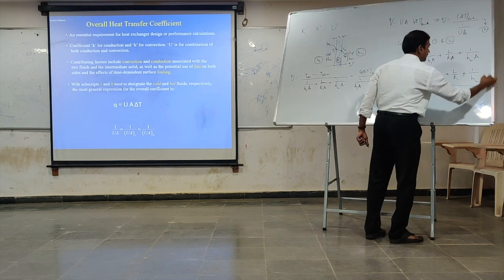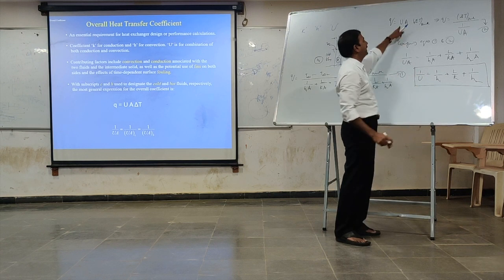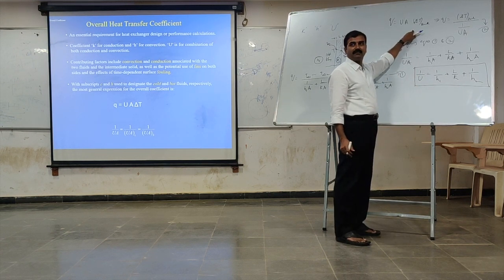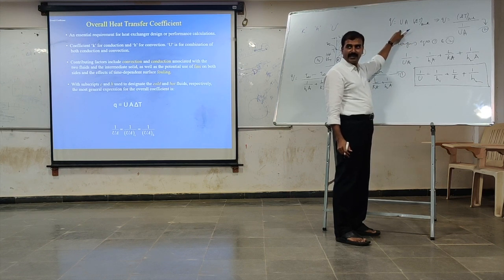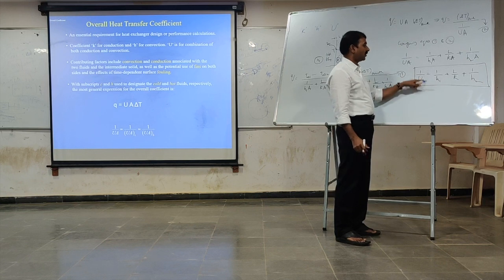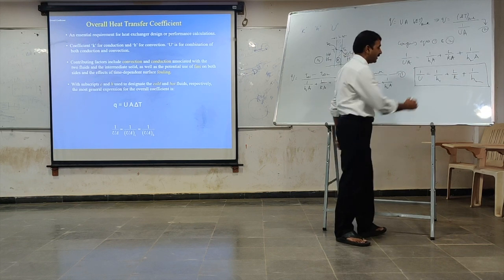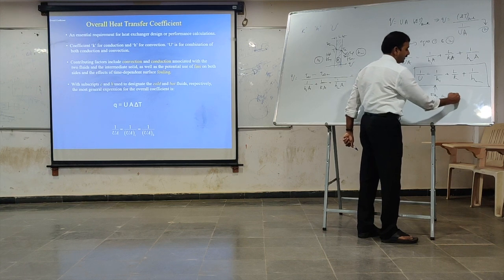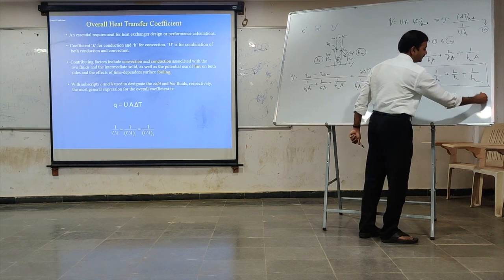So U has the same unit as H, because Q is equal to HA delta T is convection heat transfer, Newton's law. So U will have the same unit as H. So 1 by U is equal to this, and this is for a plane wall.